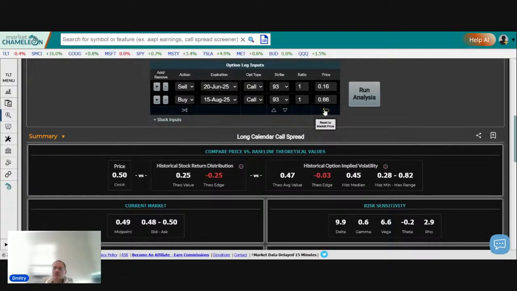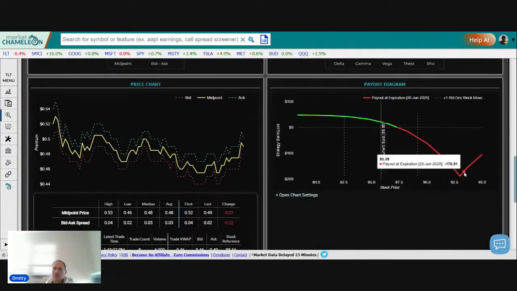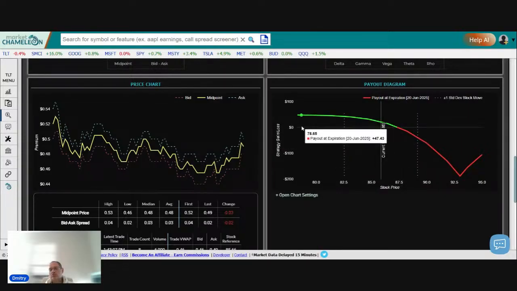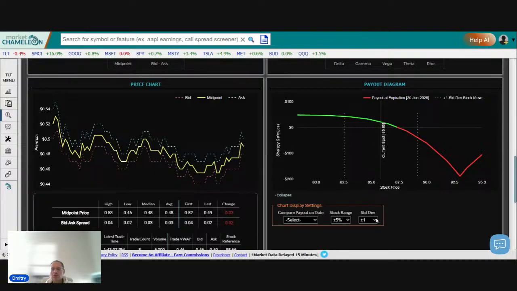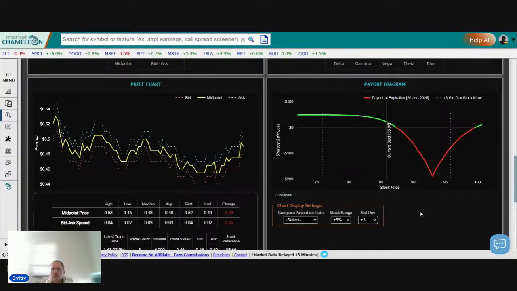Now, if you reverse it, we could reverse this strategy. If I run it right now, it'll look different. You want it to move away from the 93, and moving down is better. Let me see if I could give it 3 standard deviations, or move all the way up here.